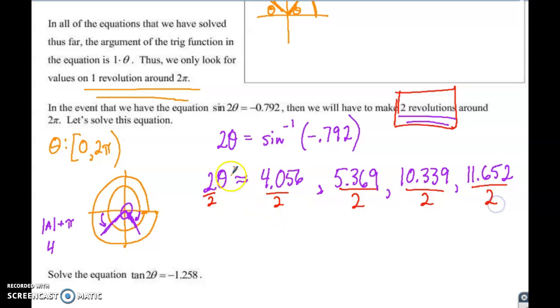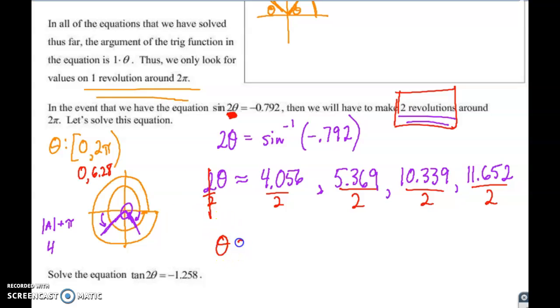The reason we do 2 revolutions is because 2 pi is about 6.28, I just know 3.14 doubled. And by dividing each of these by 2, we're going to get all of our answers smaller than 6.28. That's why we want to do 2 revolutions. So the number that's right here is telling you how many revolutions you need to do in order to solve.